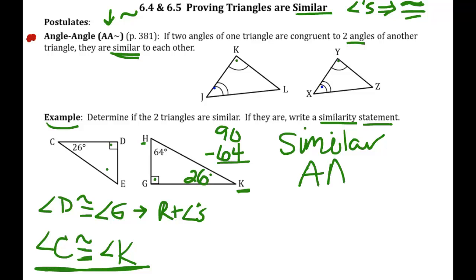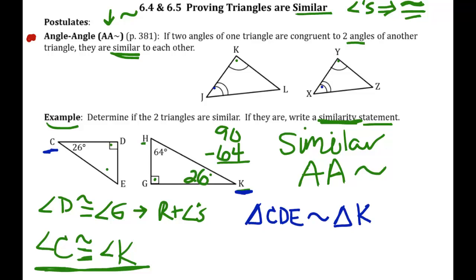So I can say these are similar by angle, angle similarity. And let's write the similarity statement. Here's how it looks. Triangle CDE is similar to triangle, now, since I started with C, which is my 26-degree angle, I have to start with K on the second one.